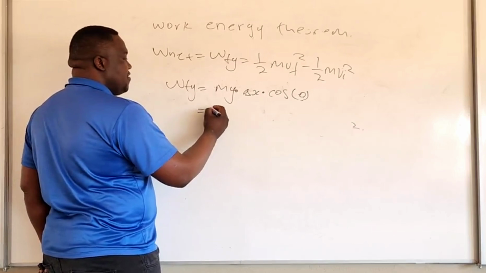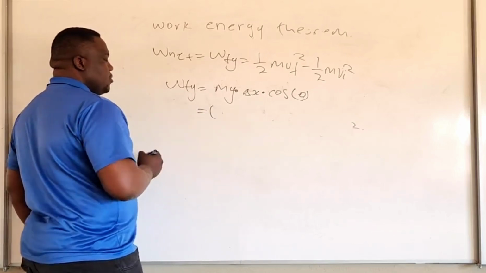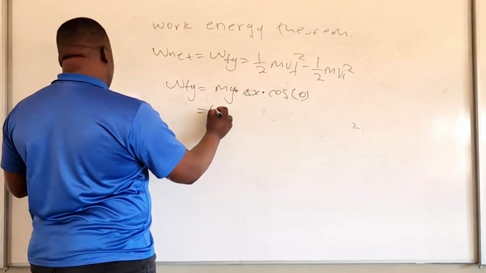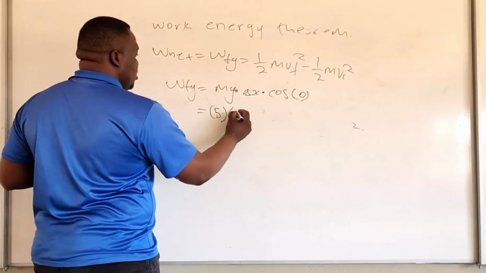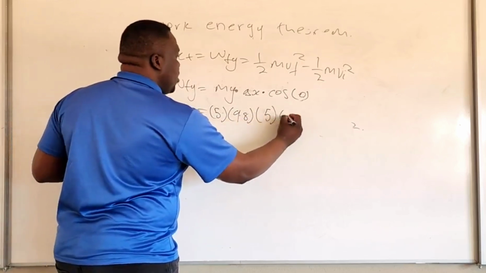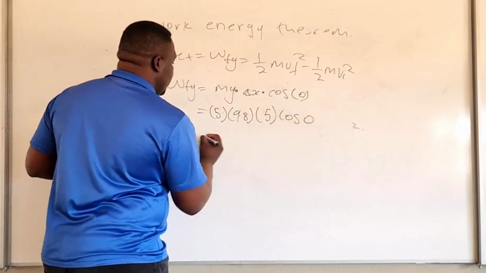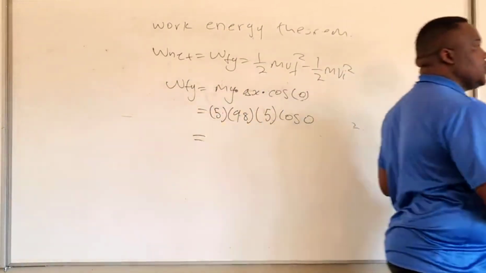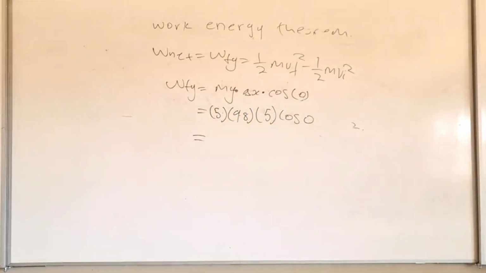Then the mass of that object is 5 kg. 9,8 multiplied by 5. Then we have cos 0. What is the answer?